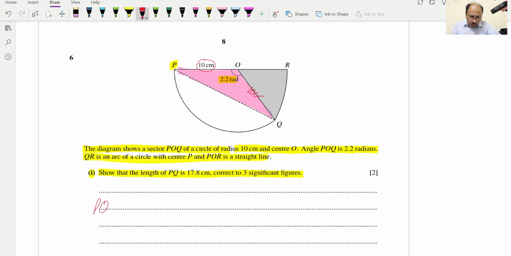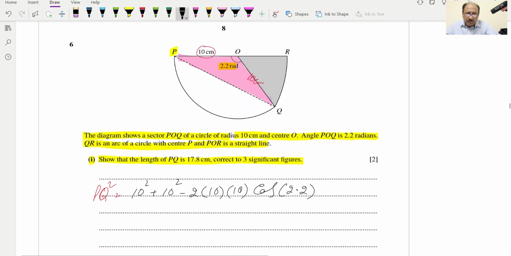PQ squared will be equal to, we can apply the cosine rule, which is one side squared plus other side squared minus 2 into one side into other side into cos of the included angle, which is 2.2 radians. So this is how we can find it.